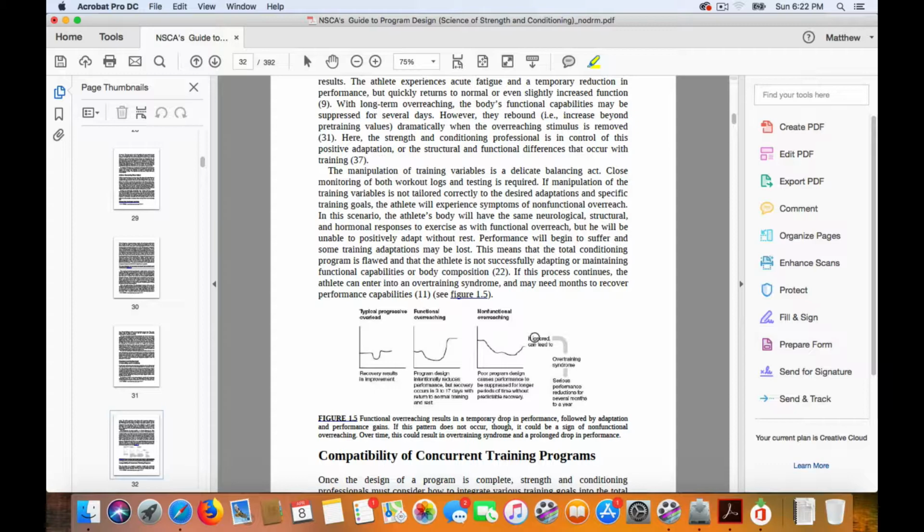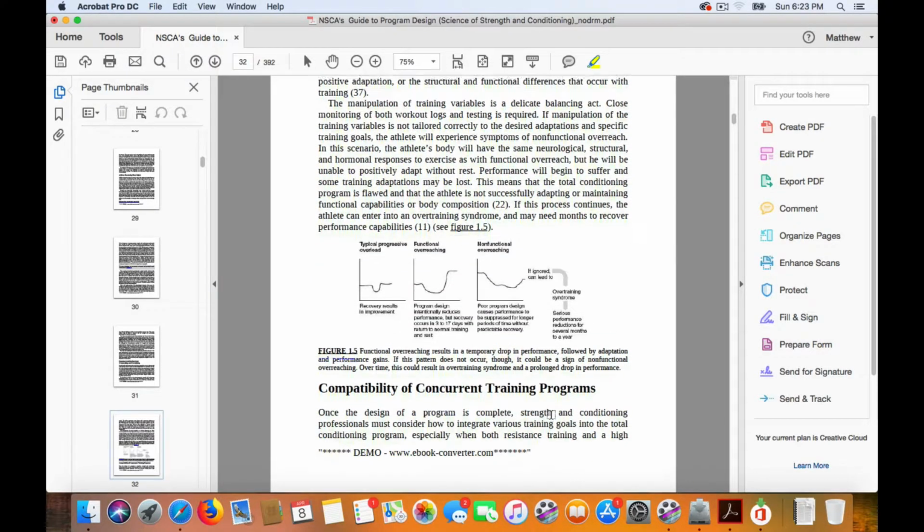So sometimes this can lead to several months of recovery time, which when you're working with athletes, sometimes you have a very small window of opportunity to allow for these athletes to grow stronger, and you're giving them the best dynamics that you can in the scenarios at which you're working.